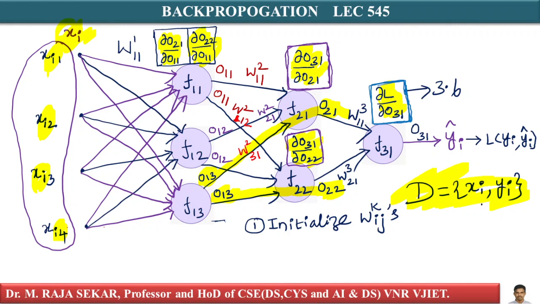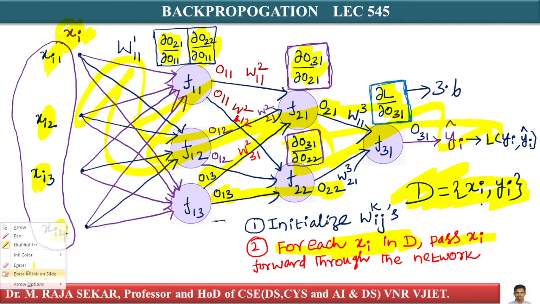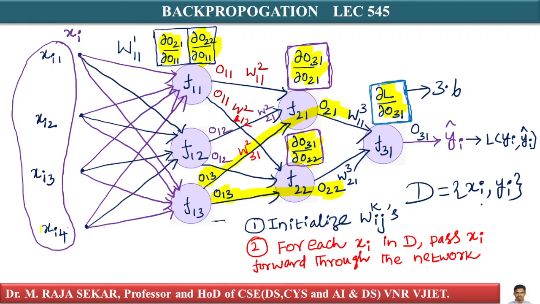How to initialize the weights, we will learn a little later in this chapter. You take each xi in D, where D is coming from the data set, and send xi through this network. Here xi has four dimensions, xi1, xi2, xi3, xi4, so it is a four-dimensional data point.